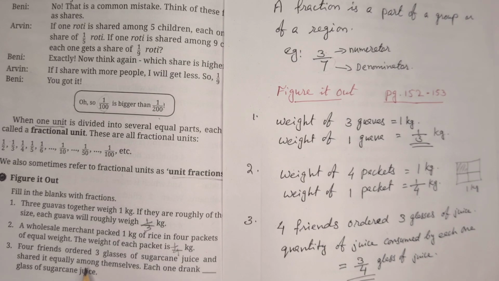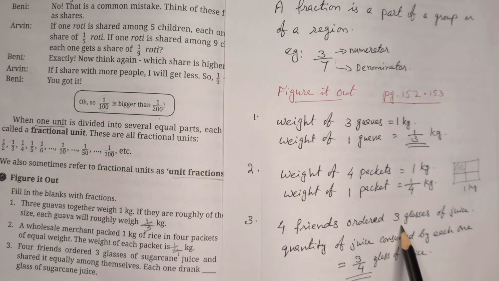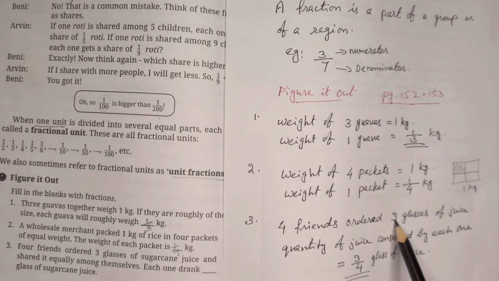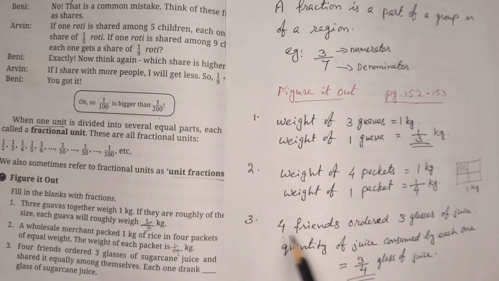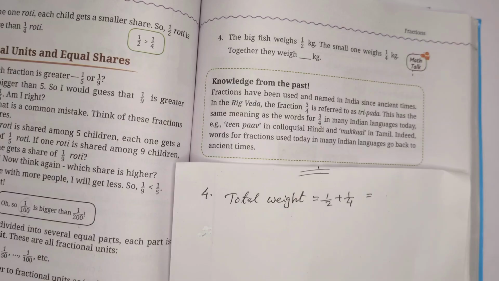Third question, 4 friends ordered 3 glasses of sugarcane juice. 4 friends ordered 3 glasses. So the quantity of juice consumed by each one is 3 glasses altogether among 4 friends. So 3/4 of a glass of juice each one is getting.